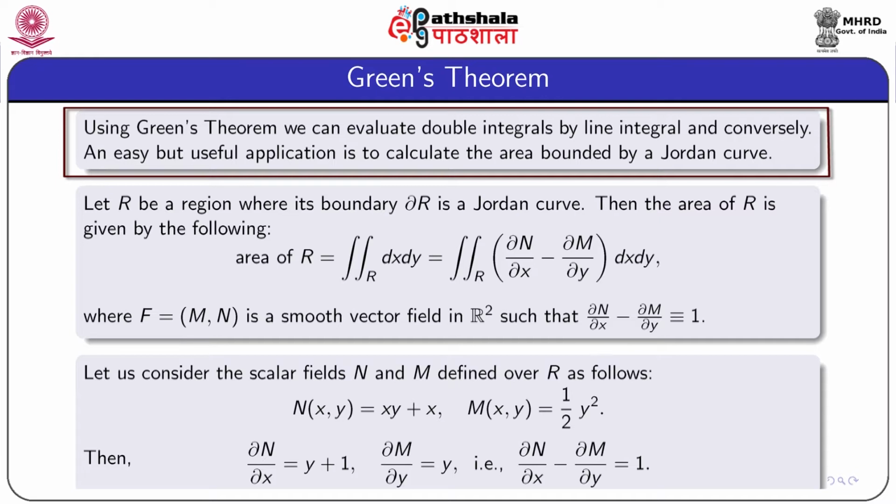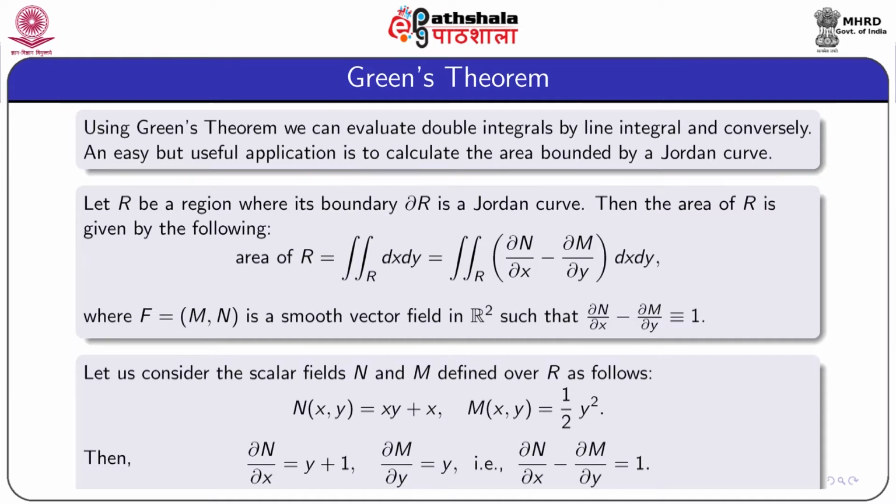An easy but useful application of this is to calculate the area bounded by a Jordan curve. Let R be a region where its boundary delta R is a Jordan curve. Then the area of R is given by the following. We know area of R equals integral over R dx dy.